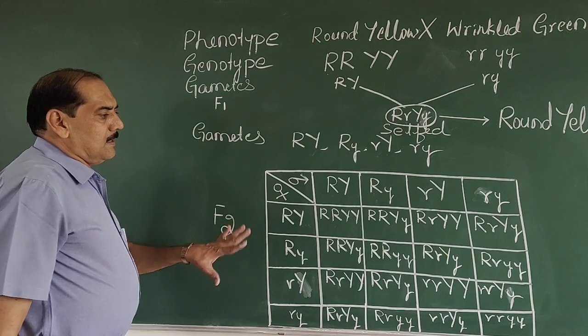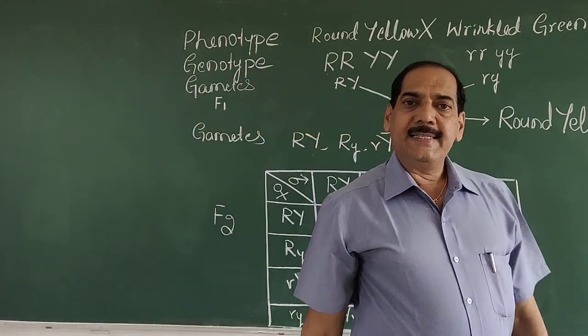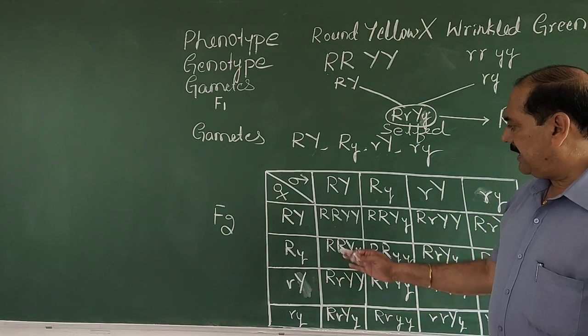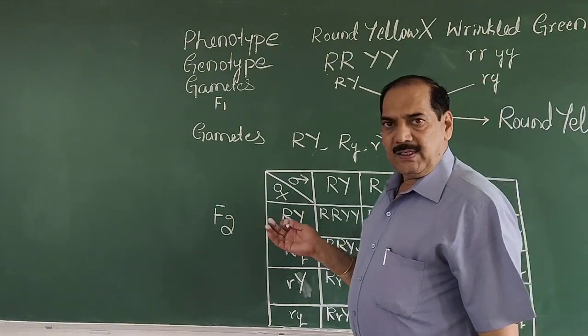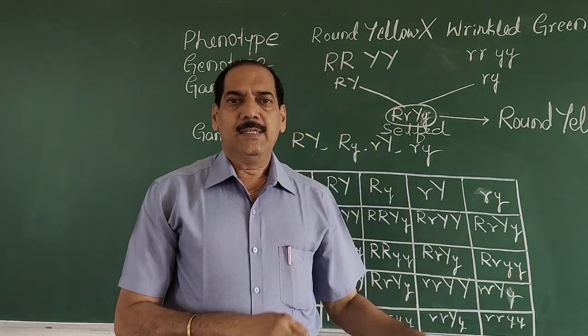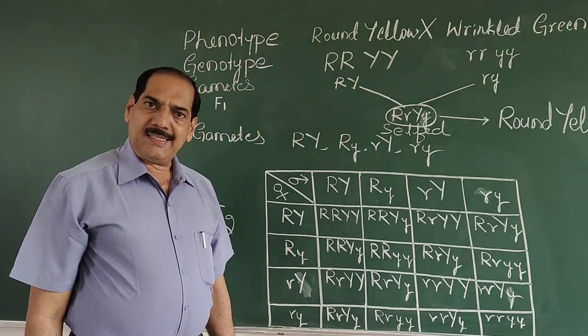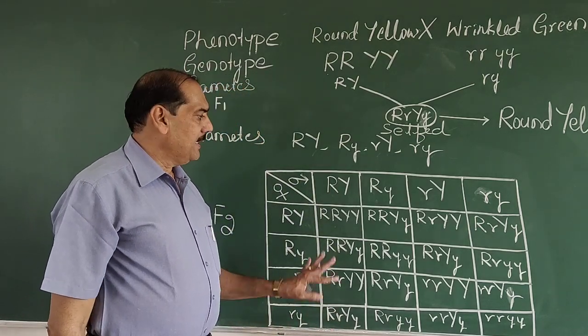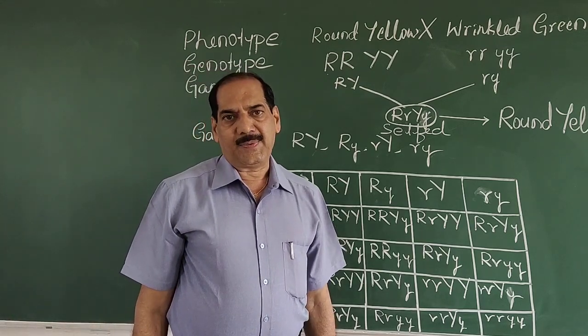This is the checkerboard. Here, how many genotypes have we written? 16. 16 genotypes we have written here, and those are the genotypes of 16 different plants. Are all the genotypes the same? No. Based on the genotypes, we have to decide the phenotypes.